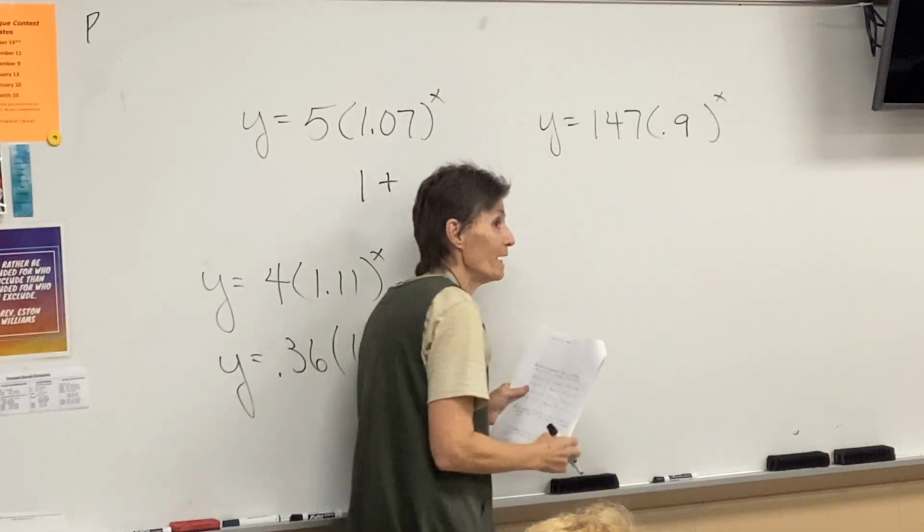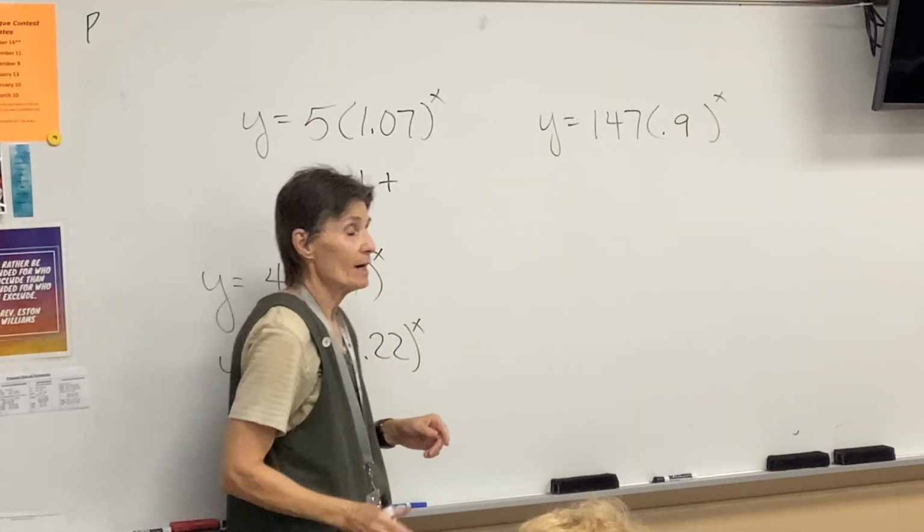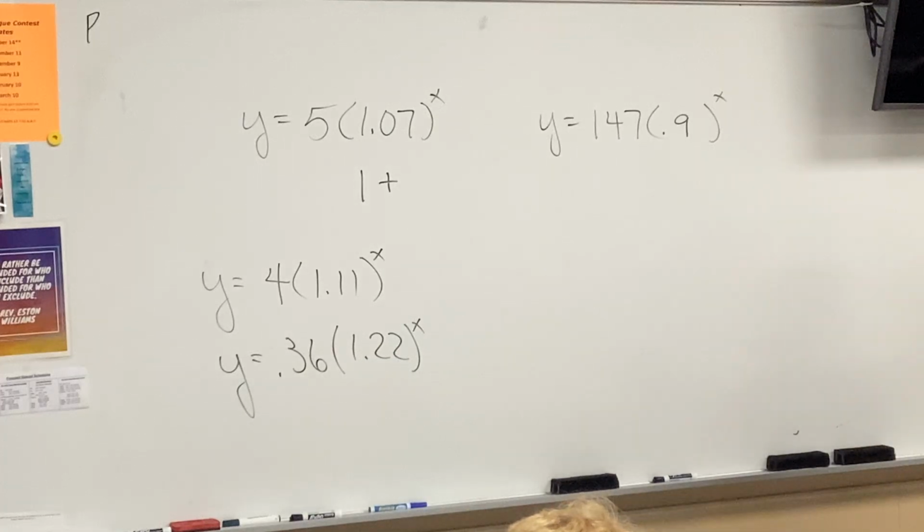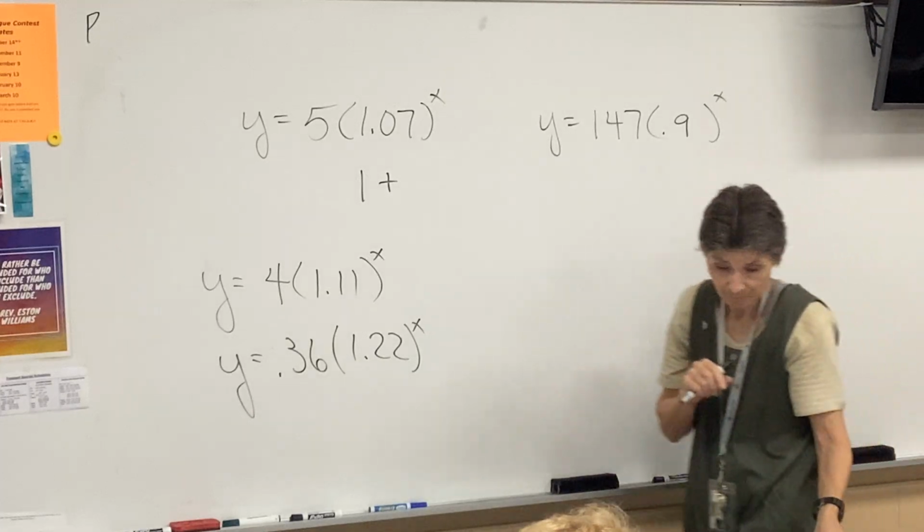Why is 0.9 going in there? Because we start with 1, always start with 1. If you're decreasing, subtract. So what's 1 minus 1/10? 0.9. 1 plus 1/10 would be 1.1. Always start with 1. Add a growth, subtract a decay.